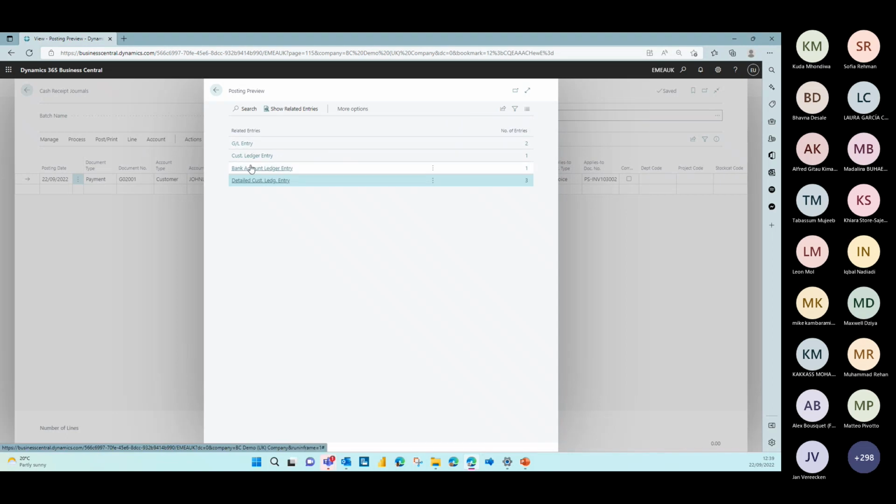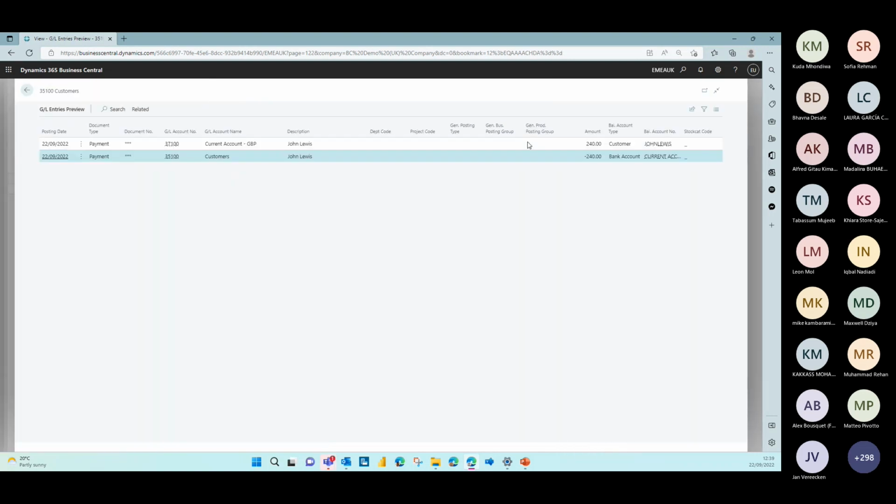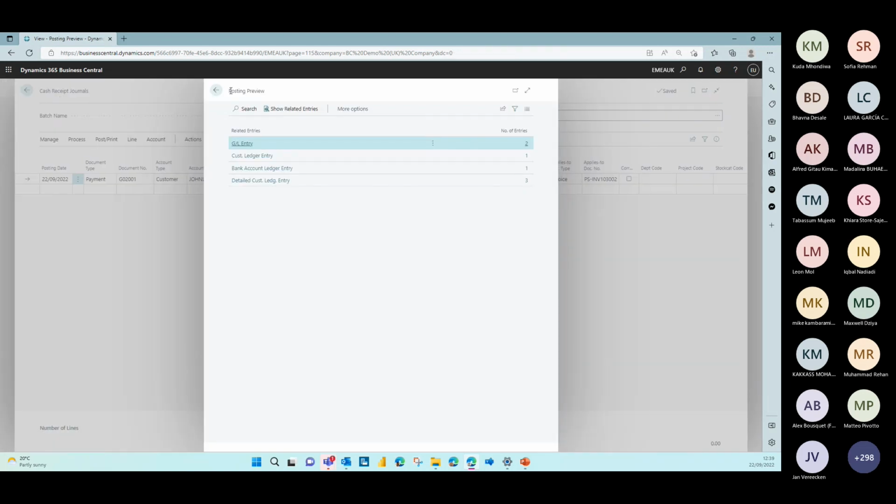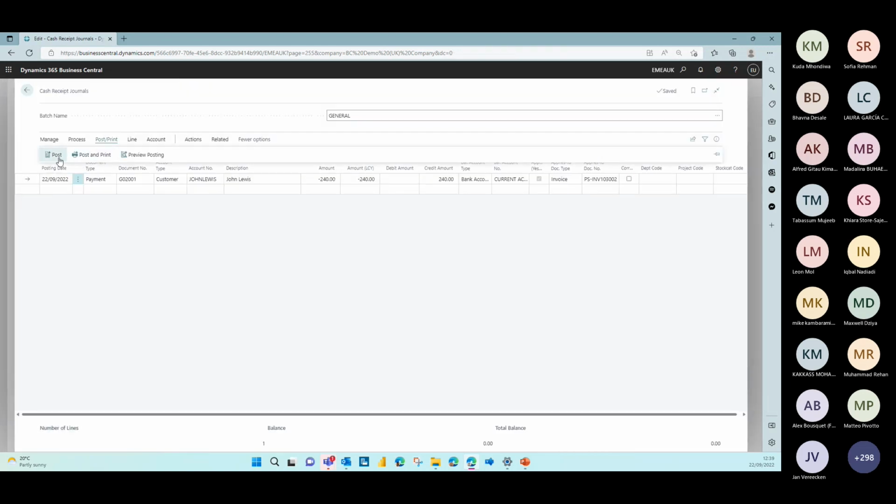So can you see it will update the customer, it will update the account, and it will then post to the correct GL account. Okay, so I'm going to post this.